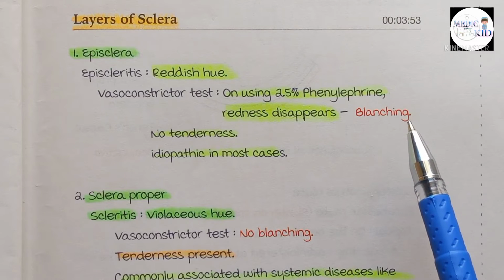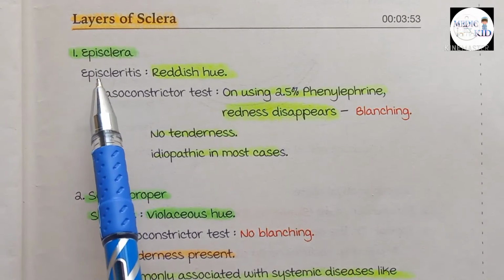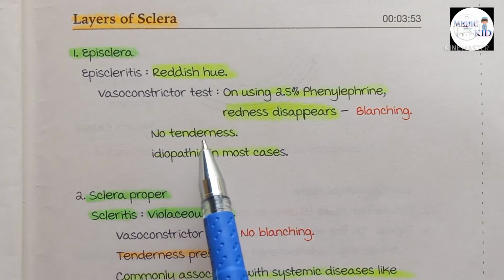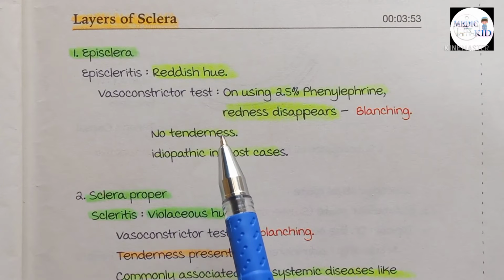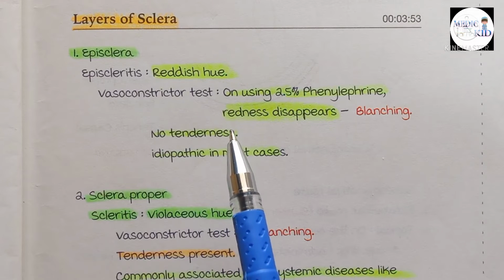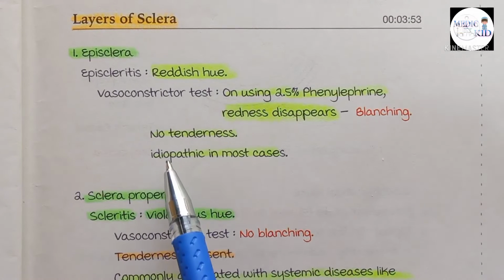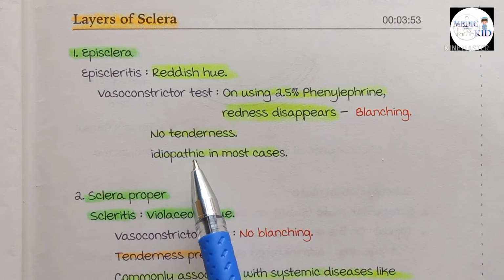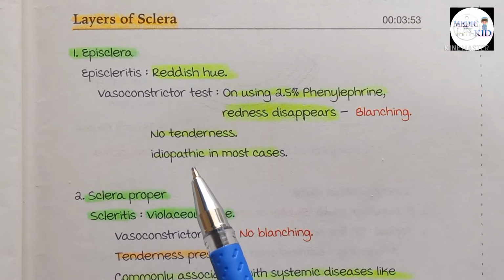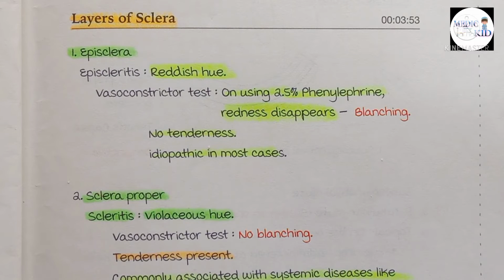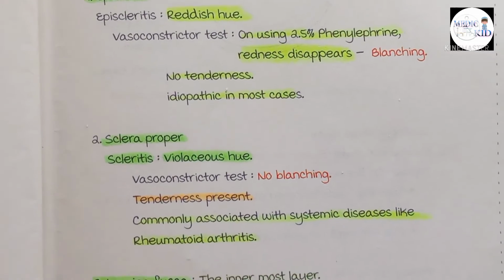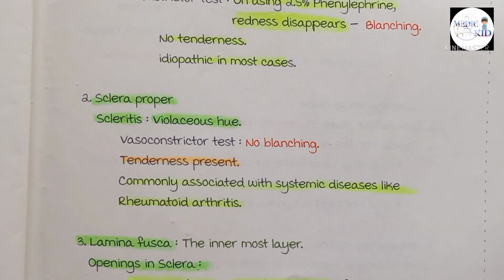One thing you should always remember: if it is episcleritis, there is no tenderness, meaning whenever you touch the eye there is no pain, and in most cases it is idiopathic, meaning there is no special cause. Now we are going to talk about the second layer, which is the sclera proper.